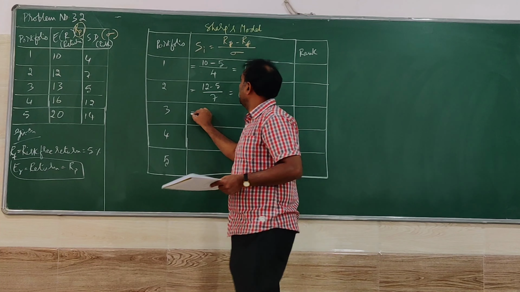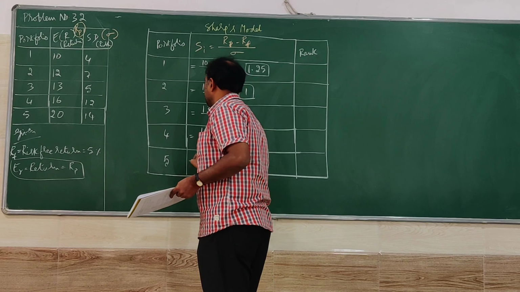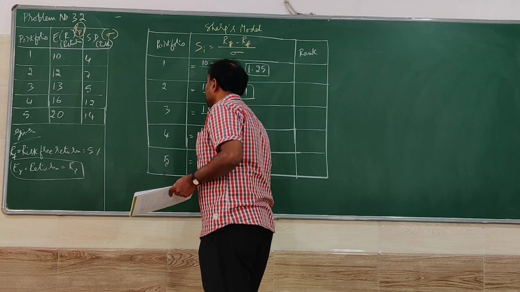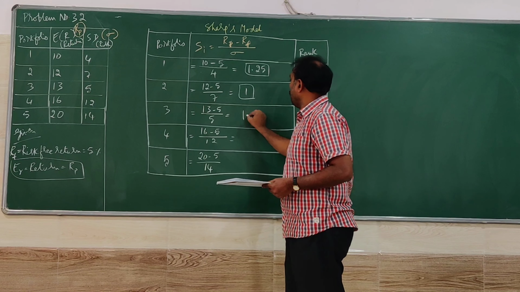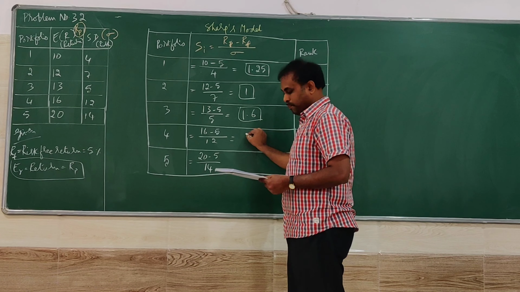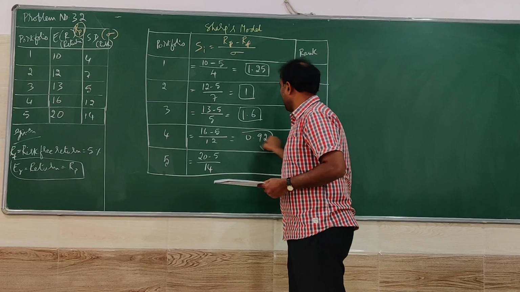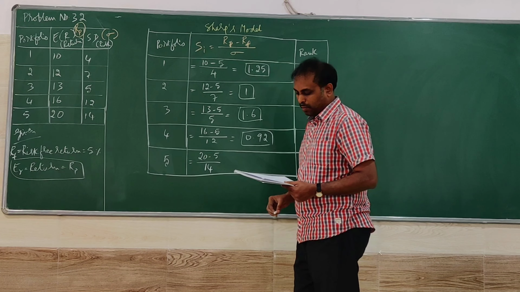Let us first substitute, then go for calculation. That will be easier all the time, so that the substitution will not go wrong. 1.6 for the third one, 0.92 for the fourth one, 1.07 for the fifth one.